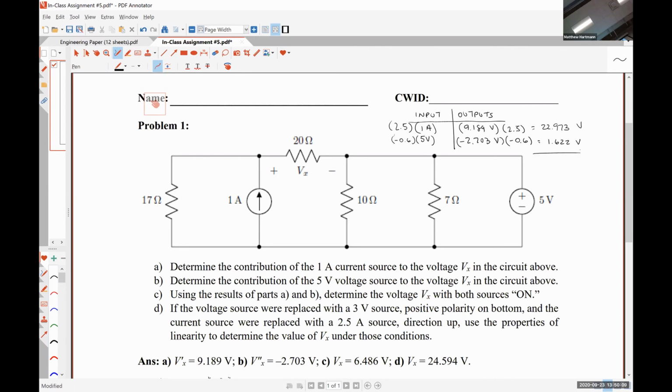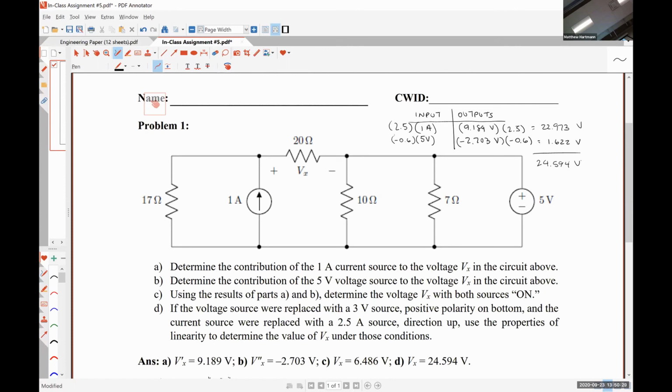And if we add these two guys together, we get 24.594 volts.